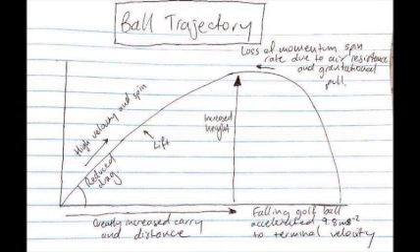Okay, so what we want to talk about now is what happens as far as the ball taking off. We've already mentioned the Magnus effect and the topspin. So we know that there's a pushing or a lift on the ball as a result of the Magnus effect.